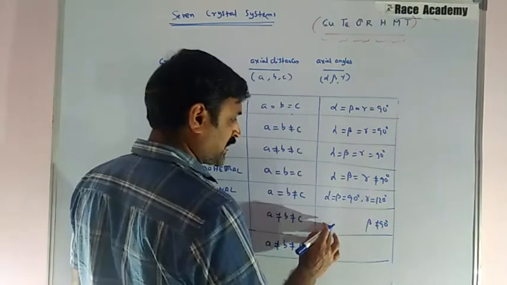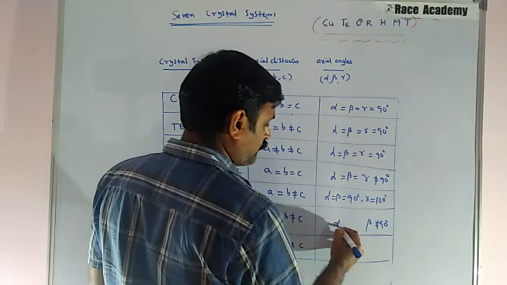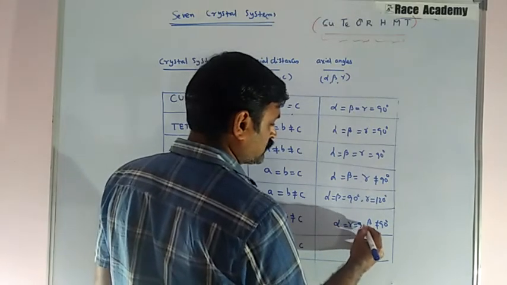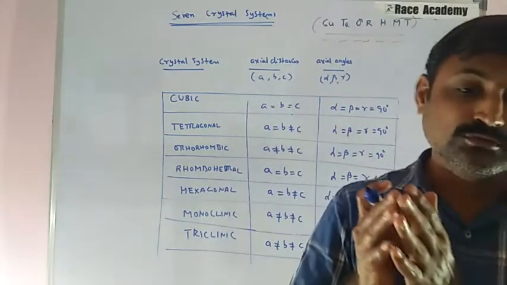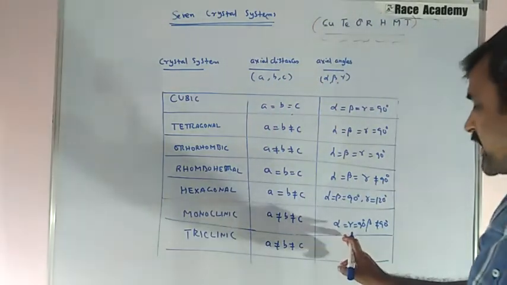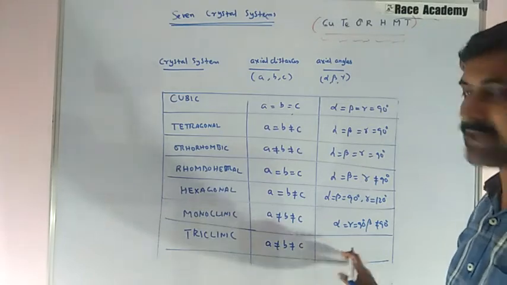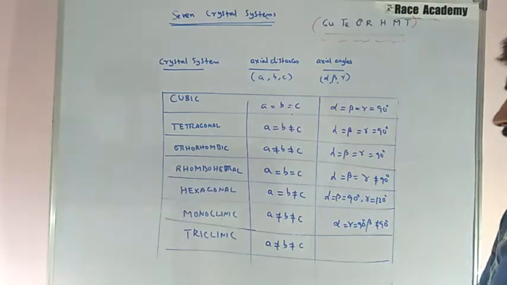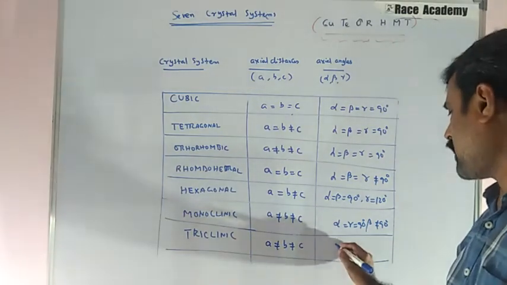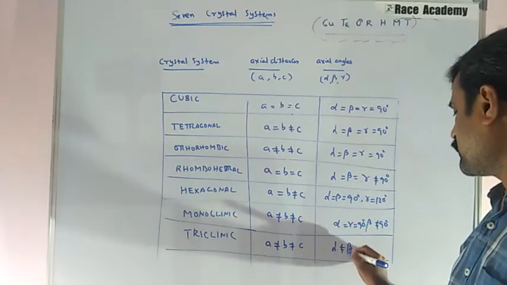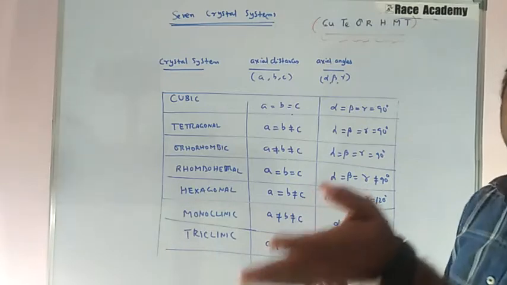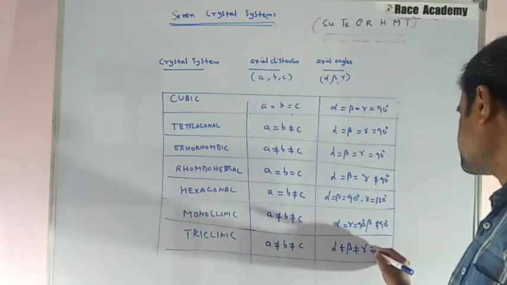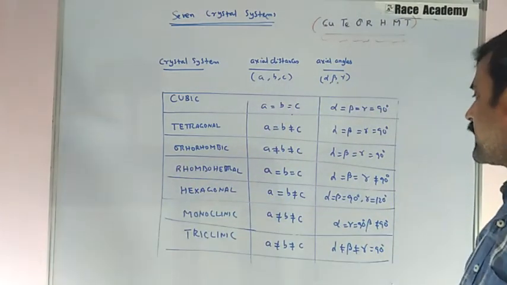And in monoclinic, alpha equals gamma equals 90 and beta not equal to 90. And triclinic, all are not equal: alpha not equal to beta not equal to gamma, not equal to 90 degrees.